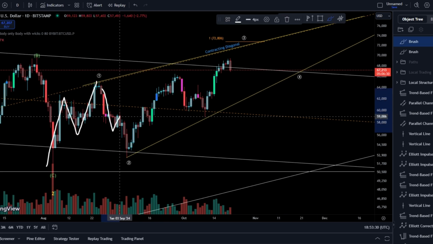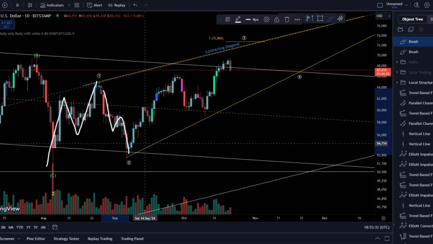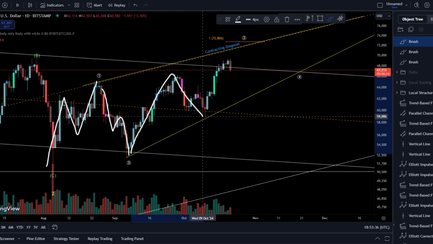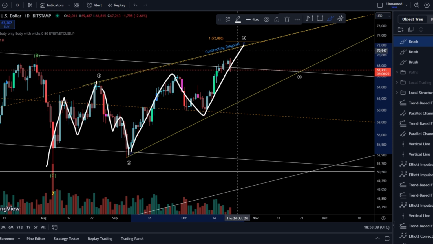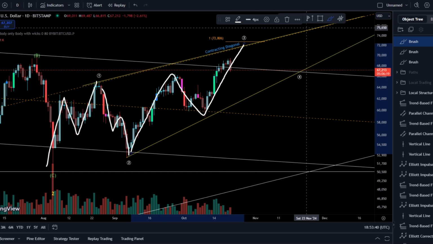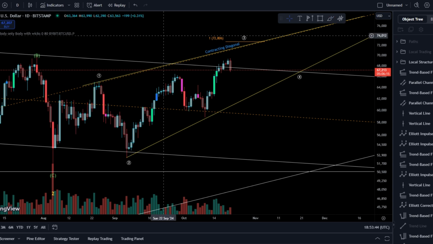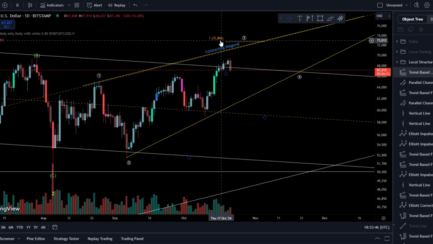We then made a 3-wave move into our 2, and what appears to be a larger 3-wave move occurring now in our 3rd wave, with targets right around 72,800, which I will delve into more here in a little bit.